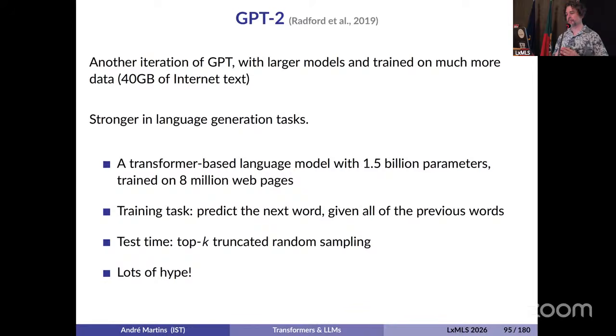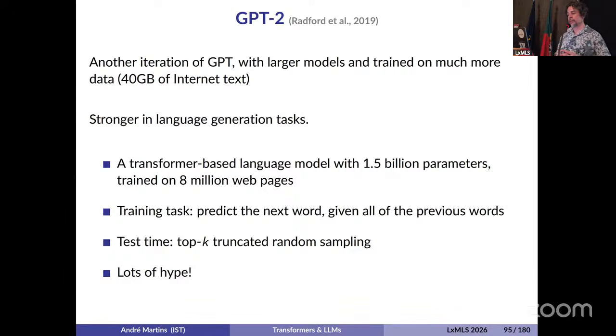Okay, quite a few arms. So this one was a larger model trained on 40 gigabytes of internet texts. It is much stronger in language generation tasks. The total number of parameters was 1.5 billion, which for today's standards doesn't look like a lot. But at this time, 1.5 billion was quite a lot.